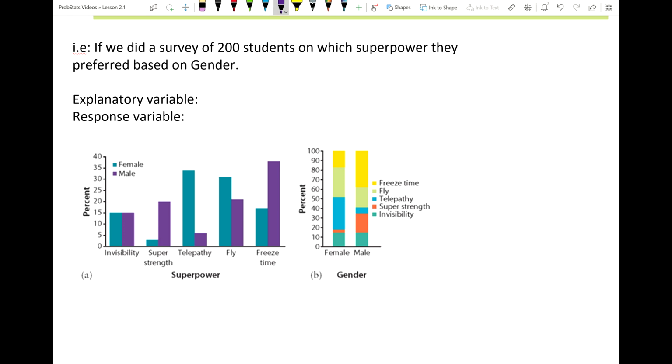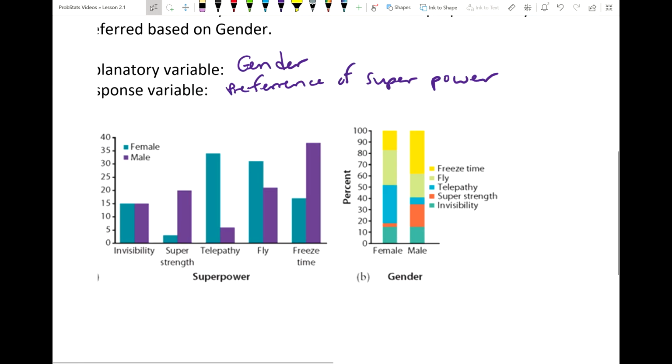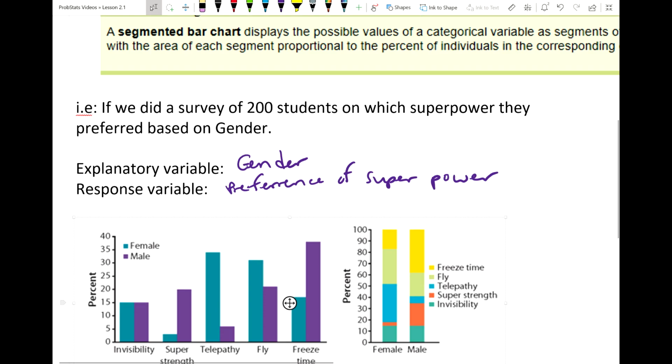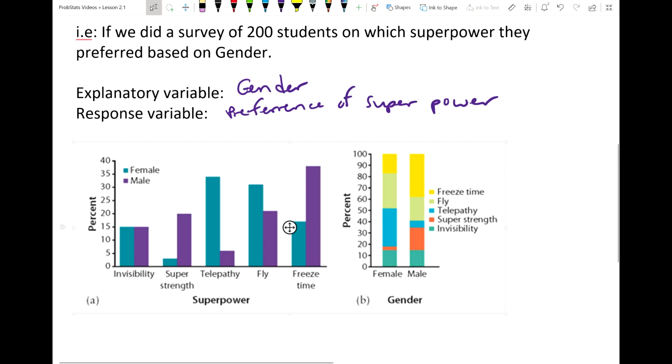So the explanatory variable is gender, and the response variable that is measured is the preference of superpower. Okay, so if we were to graph the results and collect the data for 200 students, the one on the left side is the side by side bar chart.